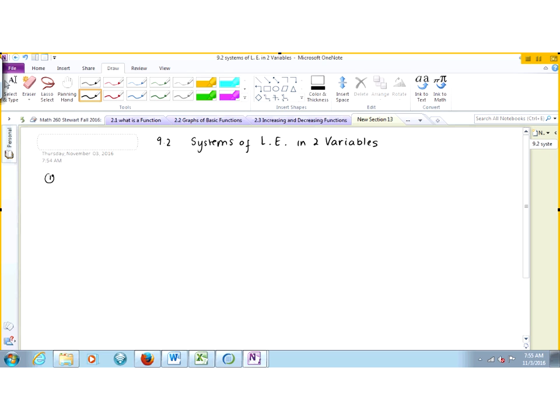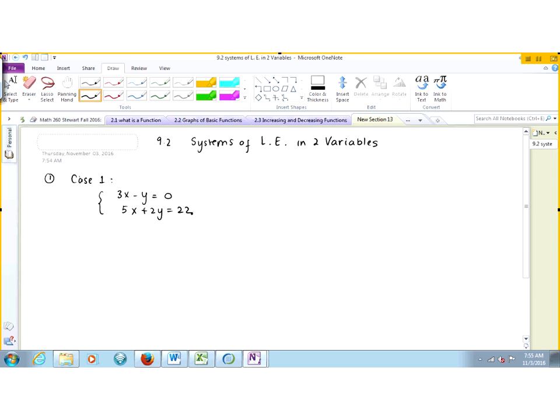Number one, I'm going to write this as case 1, and I'm going to do it really quick. Suppose I have 3x minus y is equal to 0, and 5x plus 2y is equal to 22.